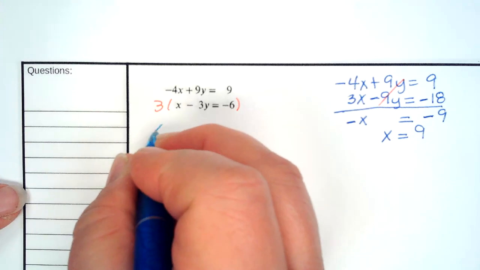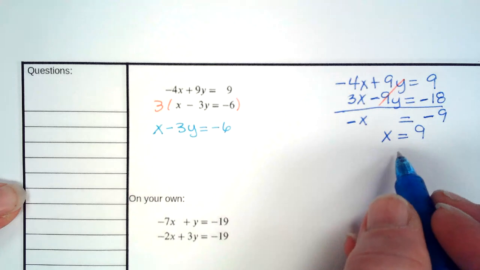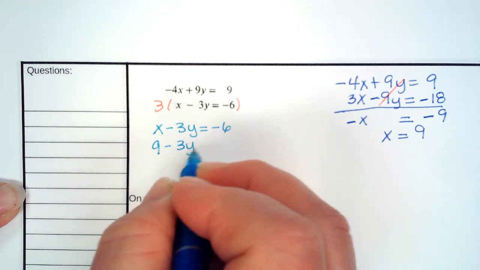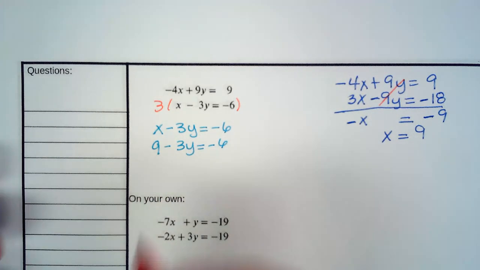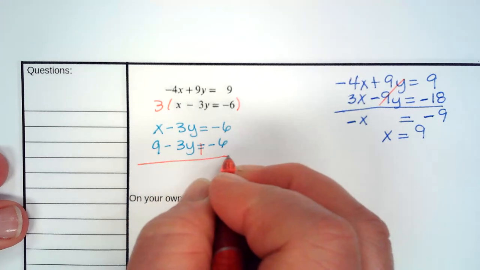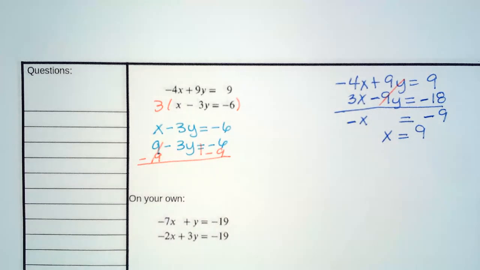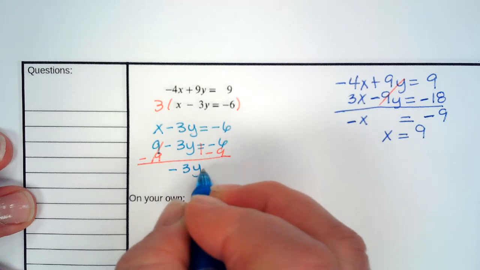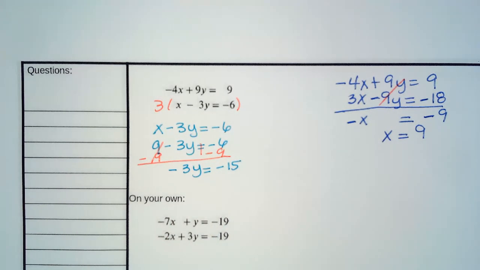So I've got x minus 3y is equal to negative 6, but x is 9. 9 minus 3y is equal to negative 6. I'm ready to solve. I'll subtract 9 from both sides. Negative 3y is equal to negative 15. Negative 6 plus negative 9 is negative 15.